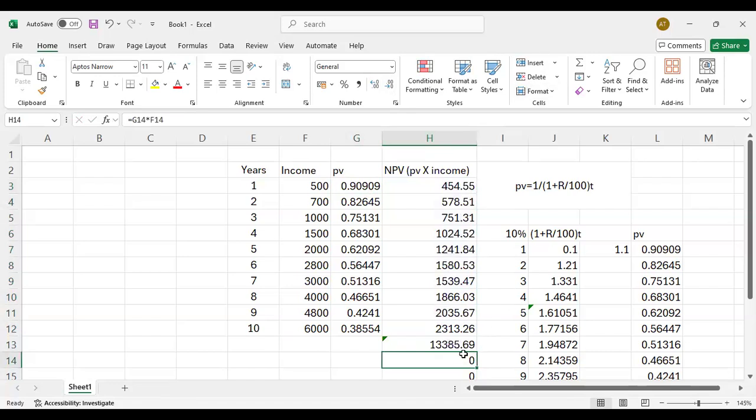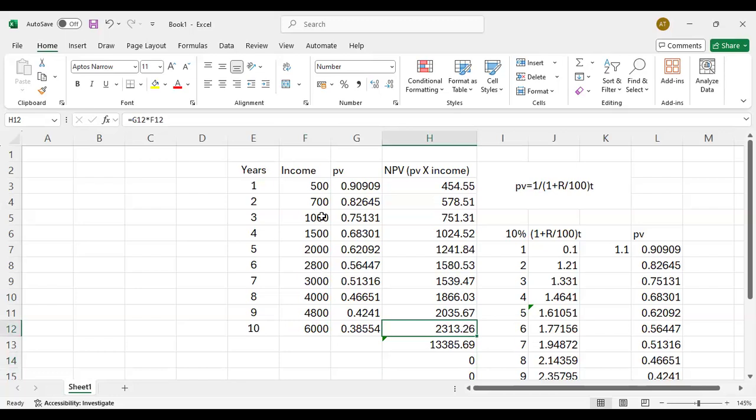So my total income is 13,385.65. So if I consider the 6,000 which I received in 10th year, actually its value is only 2,300. So considering this, I have to understand the present value and its relevance.